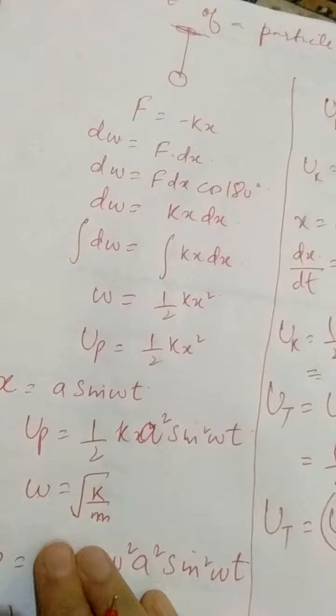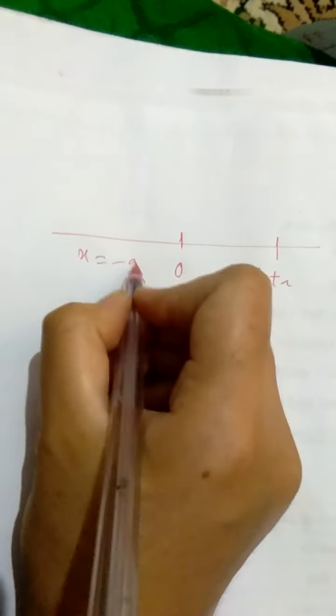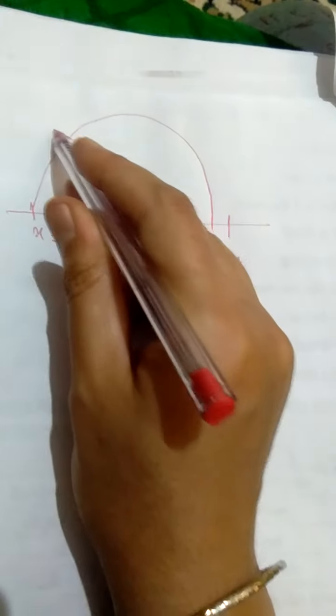So when we plot the graph of kinetic energy and potential energy, suppose this is the mean position of the pendulum, this is the increasing x, that is x is plus a, and x is equal to minus a on the left side. Yes, so you get two types of curves. One is this and another is like this.